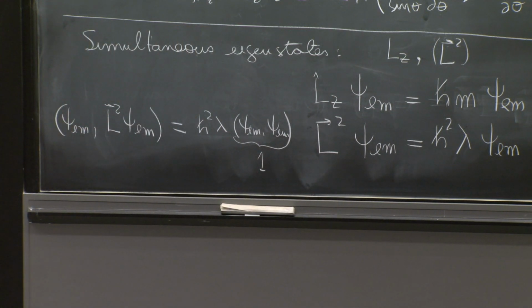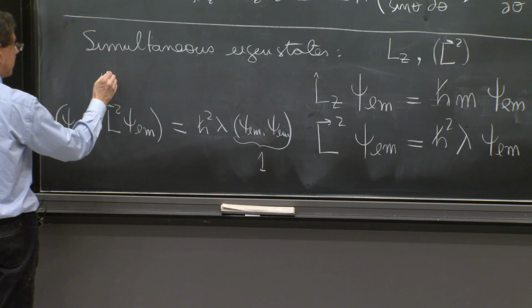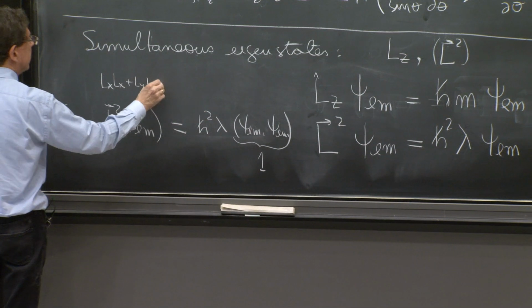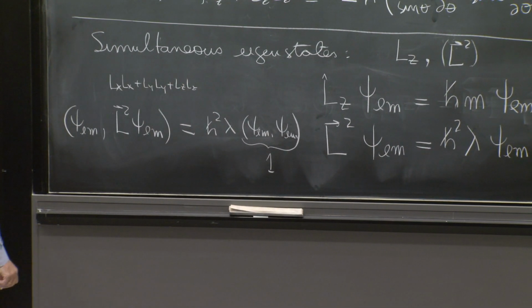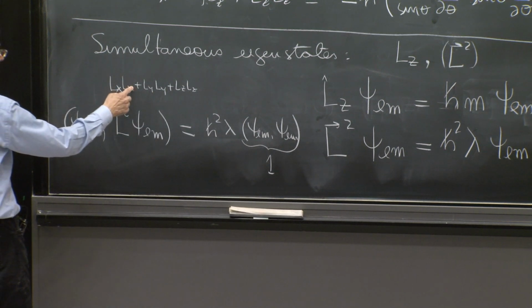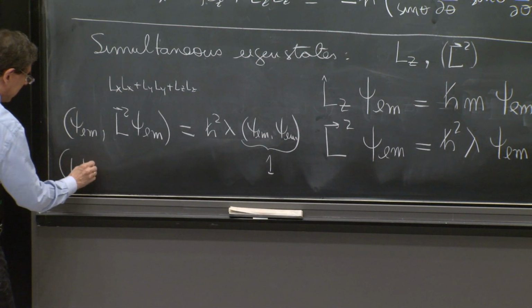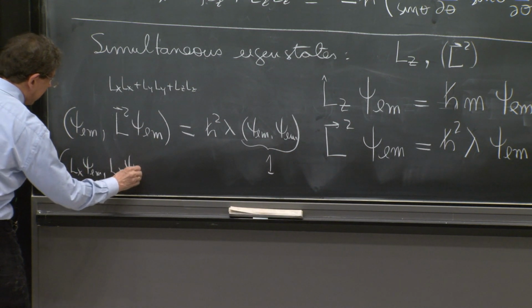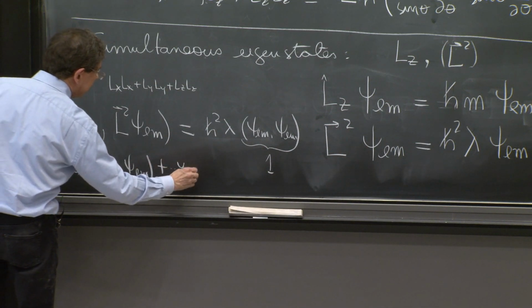But this thing is Lx squared plus Ly squared plus Lz squared. And Lx, you can bring one Lx here, and you would have Lx psi Lm with Lx psi Lm, plus the same thing for y and for z.